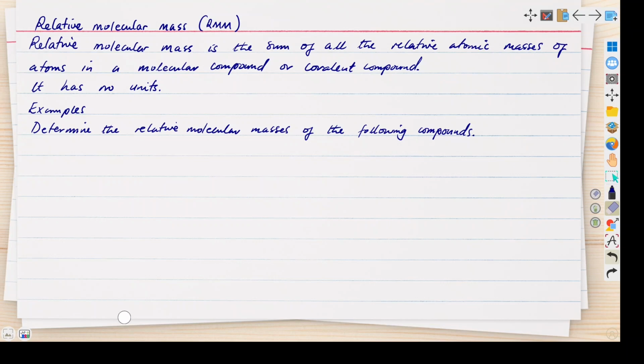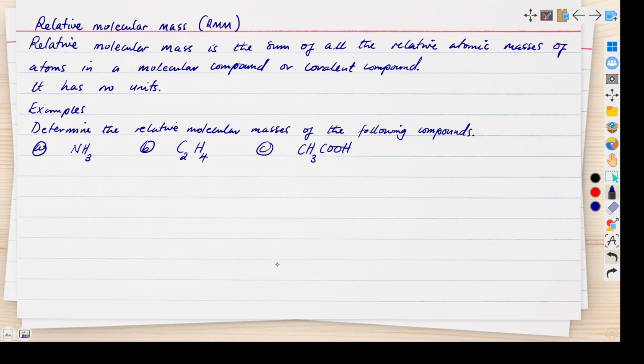A, we have NH3. Then B, we have C2H4. Then C, we can have CH3COOH. These are molecular compounds which I've given here.